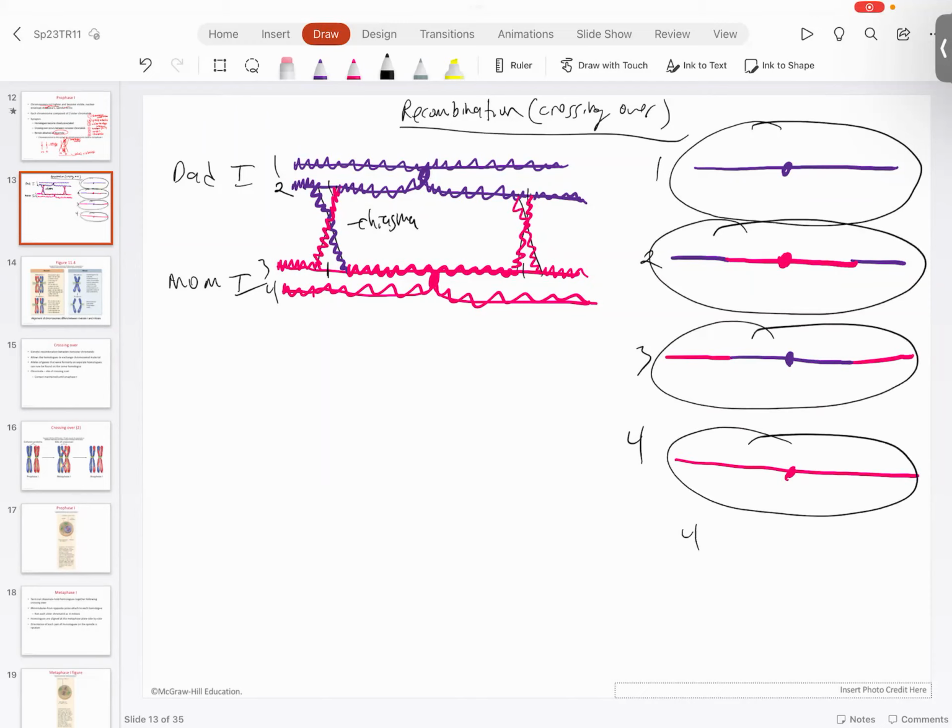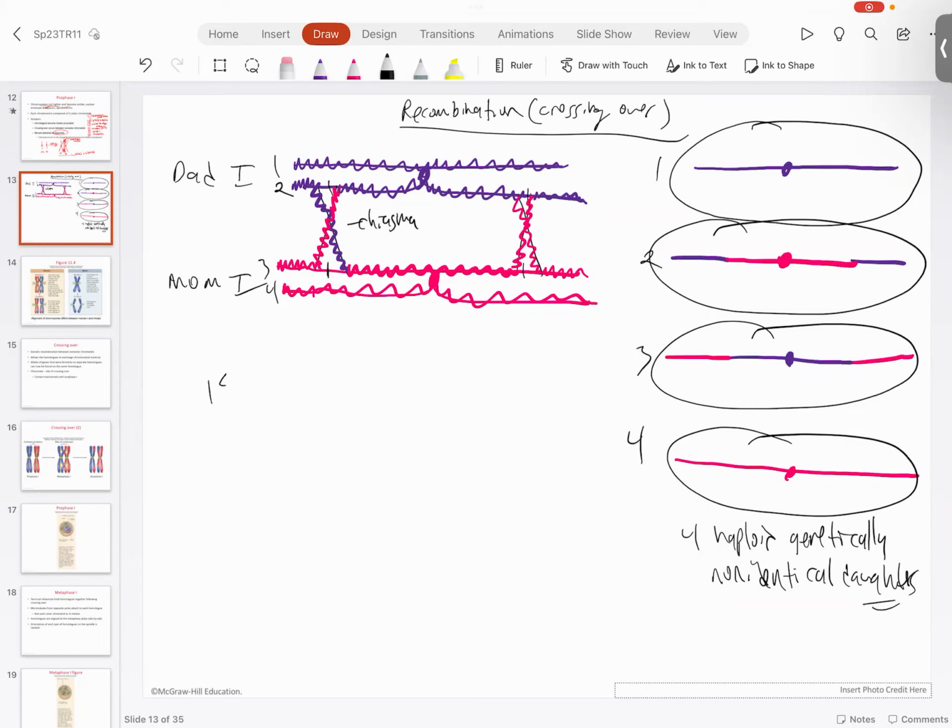So now you have four haploid, genetically non-identical daughters, right? Isn't that what the outcome of meiosis was? Four genetically non-identical daughters. Now think about it.